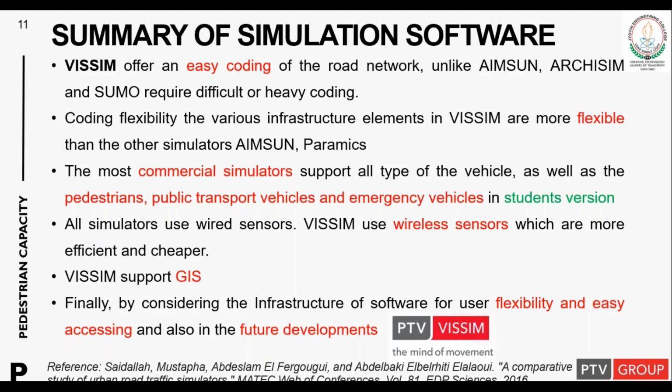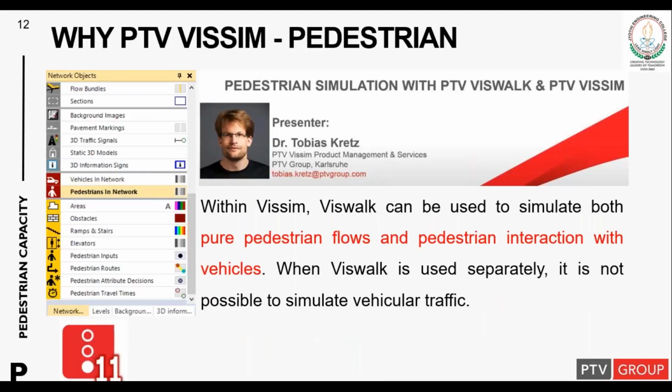Why I chose PTV Vissim: the project was initiated by the vehicle and pedestrian interaction near the railway station. For that, PTV Vissim is helpful in supporting pedestrian and vehicle interactions. Due to the COVID pandemic the city was locked down, so I was unable to collect some of the vehicle data. After watching the webinar by Tobias Kretz, it was clear that pedestrian simulation is possible in Vissim.